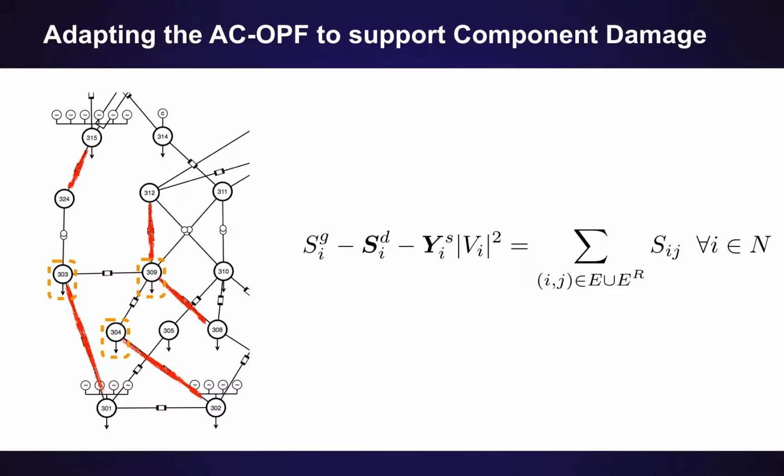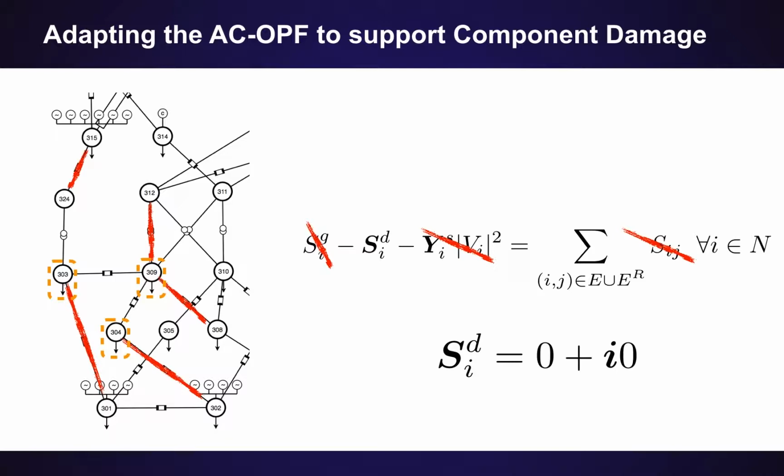Mathematically, what this means is we have something like Kirchhoff's current law, which looks like this, and we've eliminated all the generators, all the shunts, and all the line flow because there are no generators in this network. And we end up with an equation that says the demand at every node needs to be equal to 0, but we know it's not 0 because the S is a fixed parameter in our model.